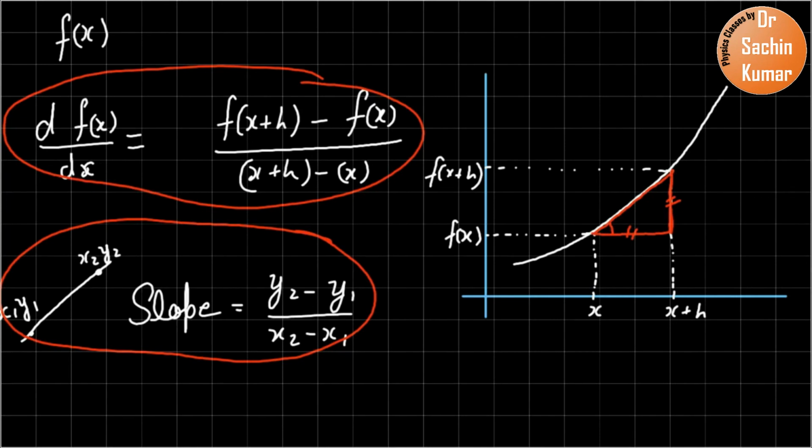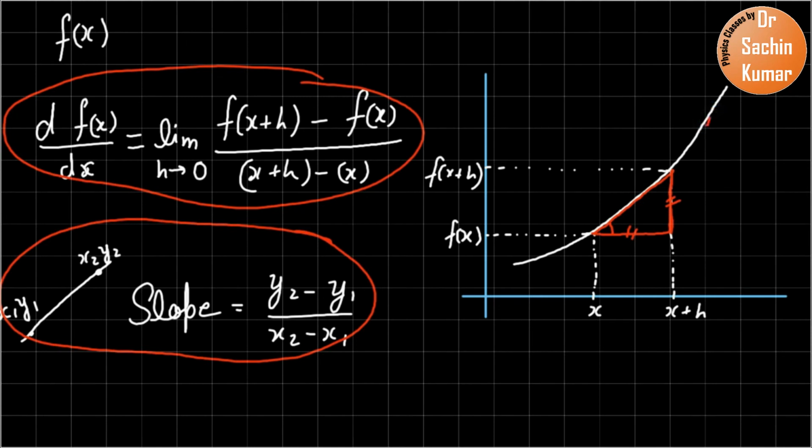Basically there is something missing in this expression. The missing quantity is the limit h tends to 0. h tends to 0 means this increment in the variable is very small.